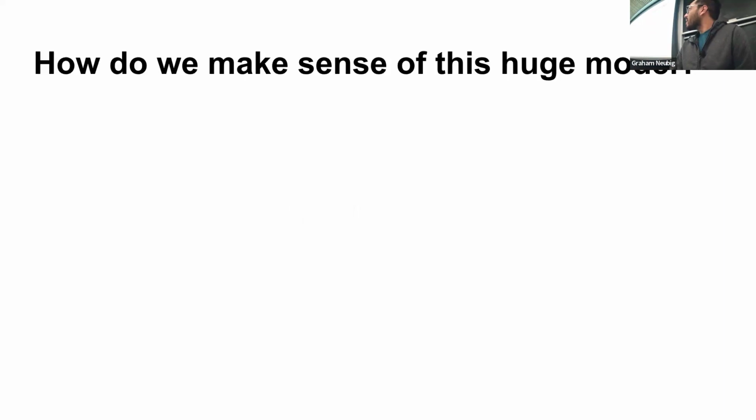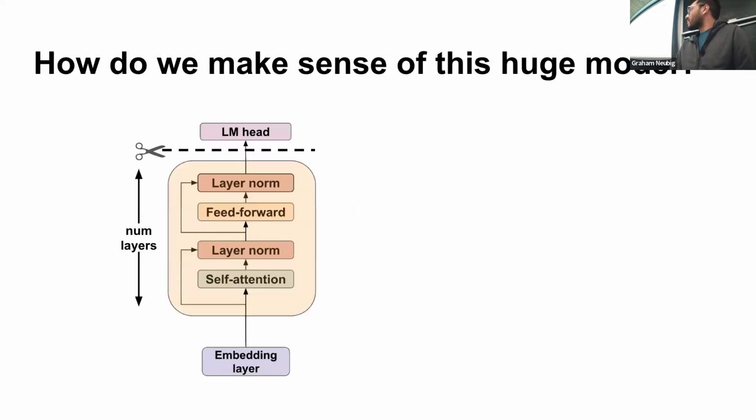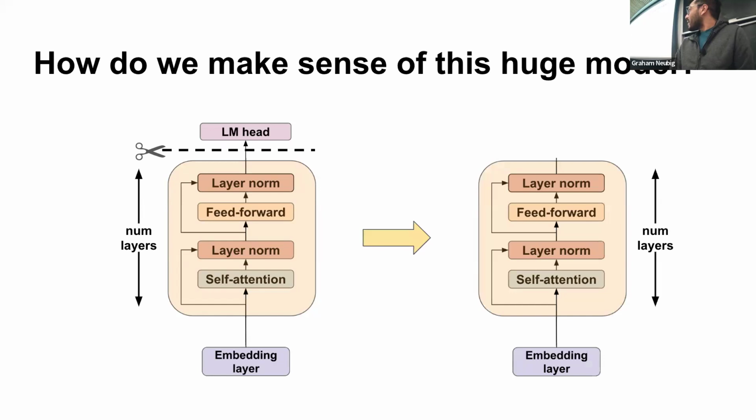So we'll talk about one way that people started addressing this problem 5 years ago, and this is the idea of probing. So how do we make sense of a giant model? This is one way. We take our giant model, we cut the top off basically, and now we have this thing. We stick a probe, which in a lot of cases looks very similar to a language modeling head.